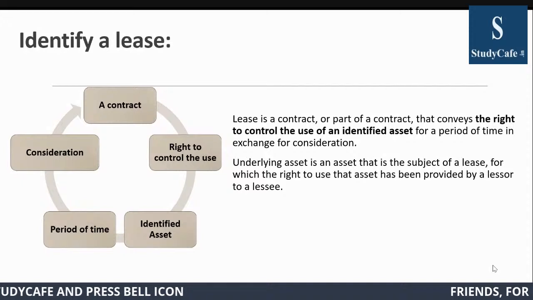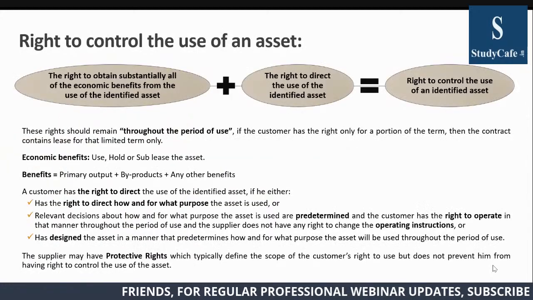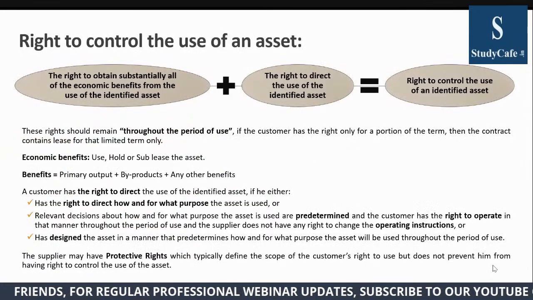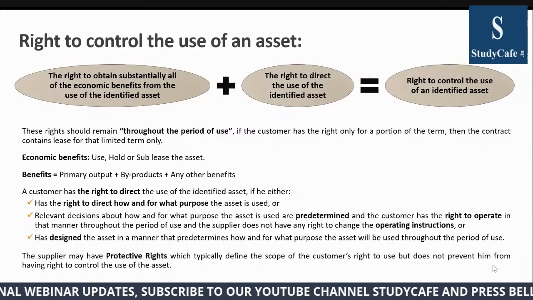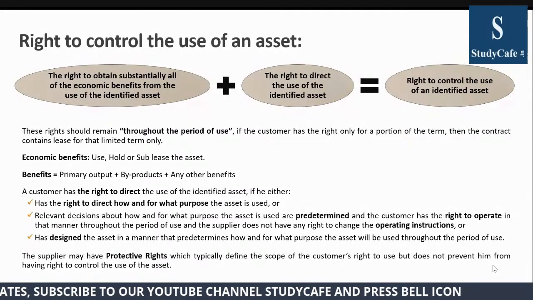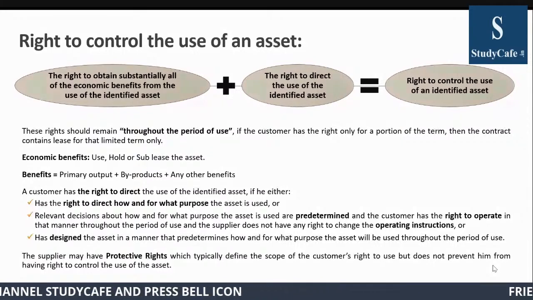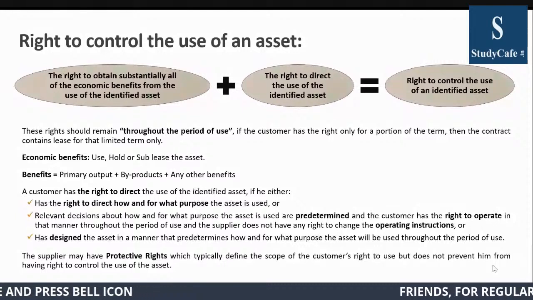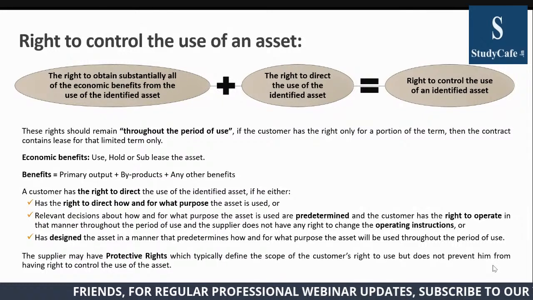Now we need to understand how to identify whether the lessee has a right to control the use or not. So there are two components which make the lessee have a right to control use of an asset. First is right to obtain substantially all the economic benefits from the use of the identified asset.